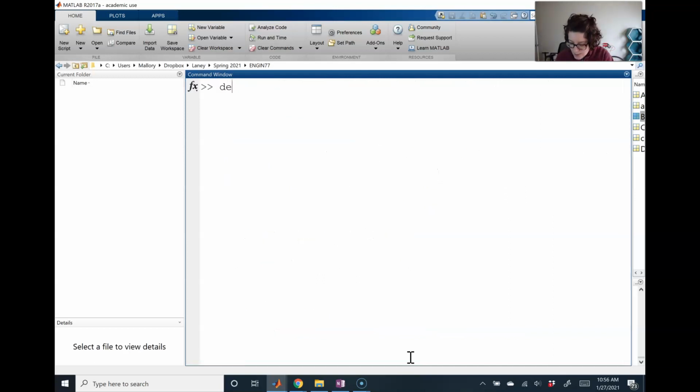So let's take the determinant of a matrix. The matrix is going to be 6, 1, 1, 4, -2, 5, and 2, 8, 7. So that determinant is -306.